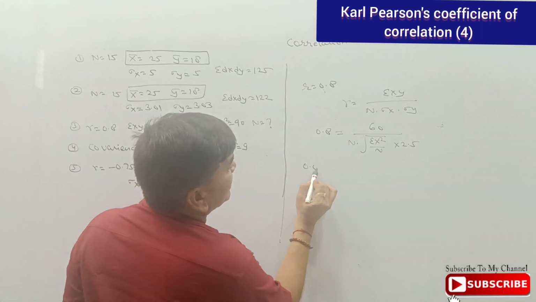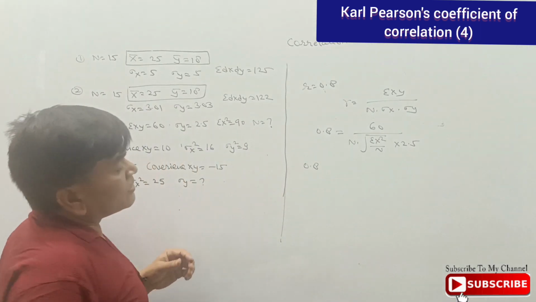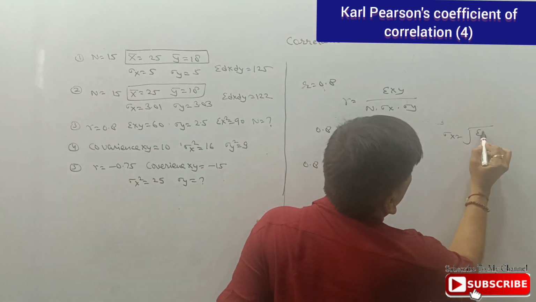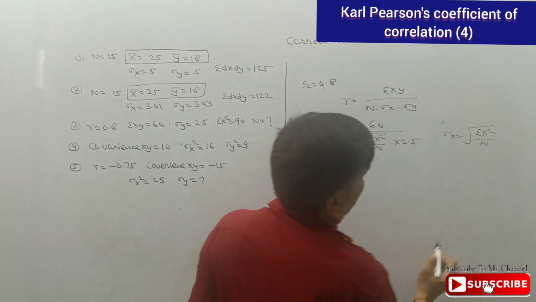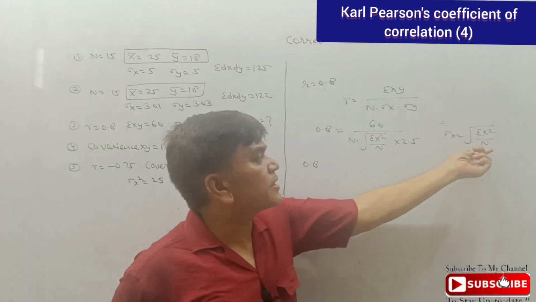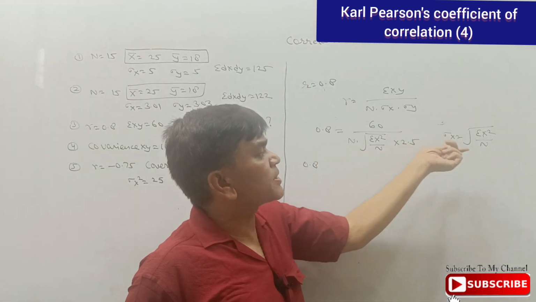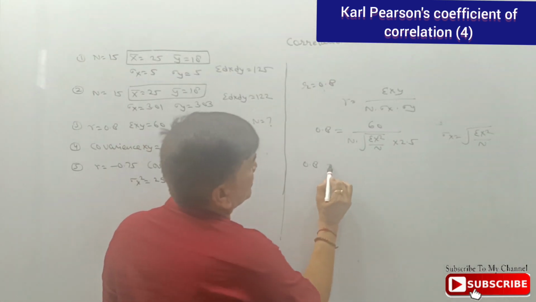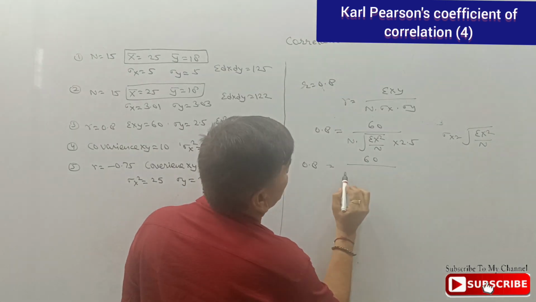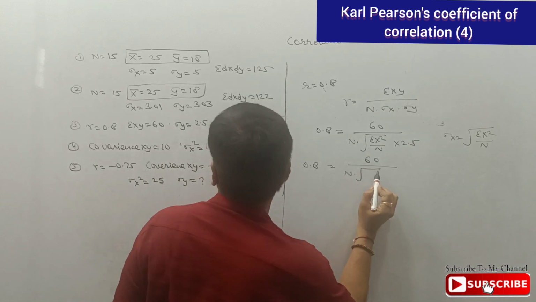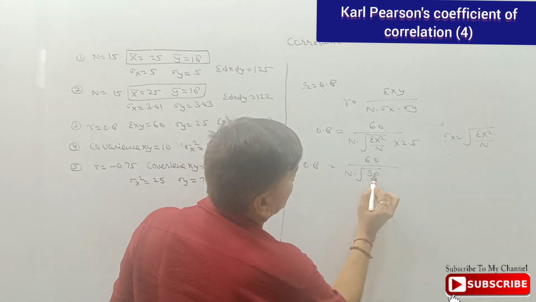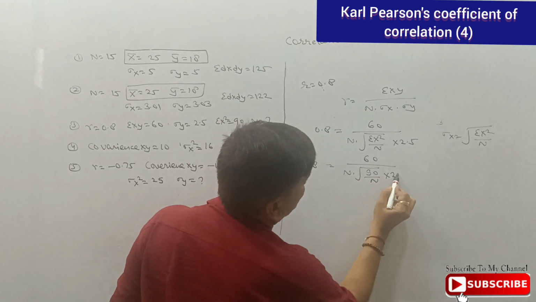So 0.8 equals 60 divided by n, multiplied by the standard deviation. That is the direct method, so I have written root of sigma x square upon n in place of standard deviation x. So this will be 60 divided by n multiplied by sigma x square, which is given here as 90, divided by n, multiplied by 2.5.